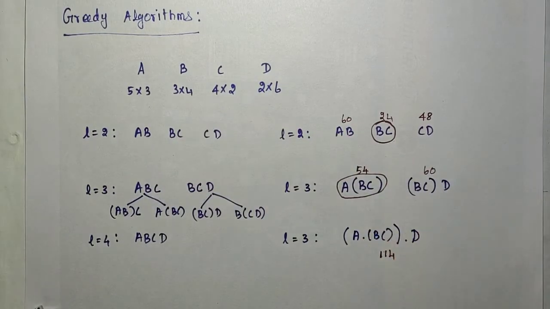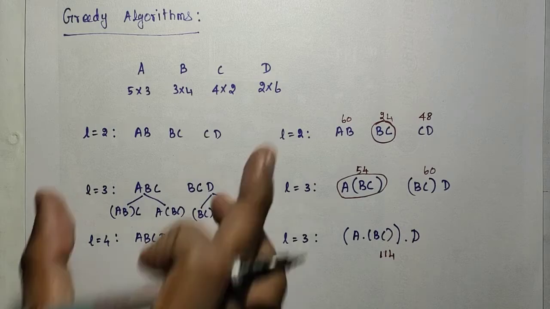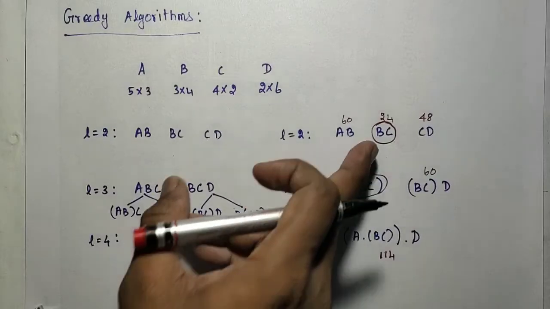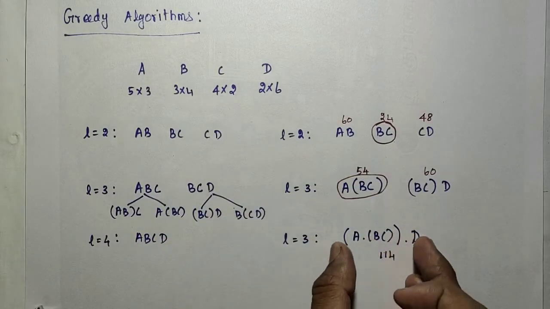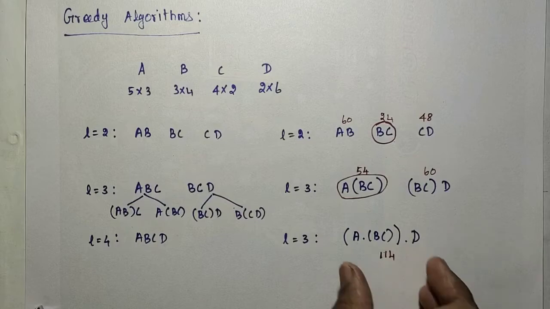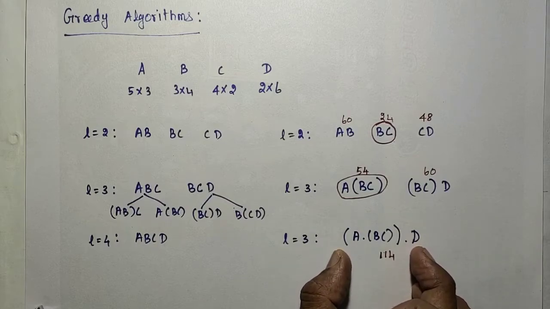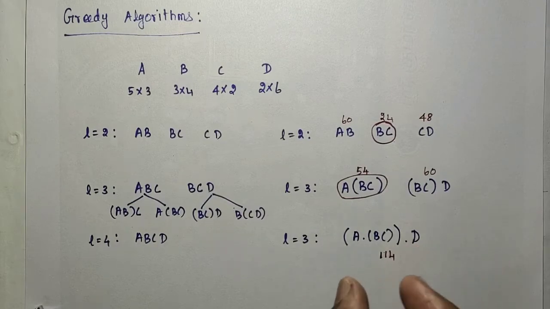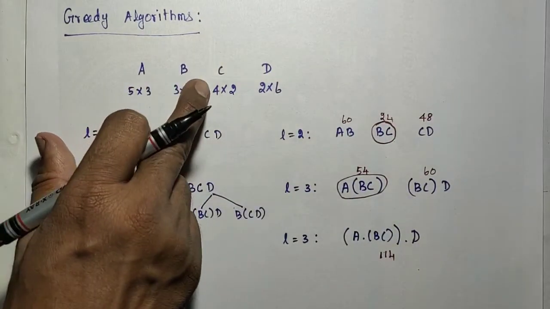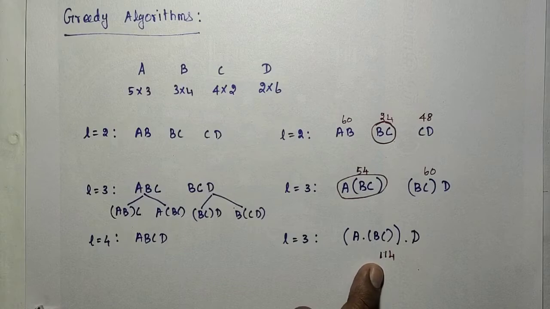We remember for this input, this choice gives the correct final answer. It is looking like the final answer. But if you give any other input, for that input it will not give the best solution.